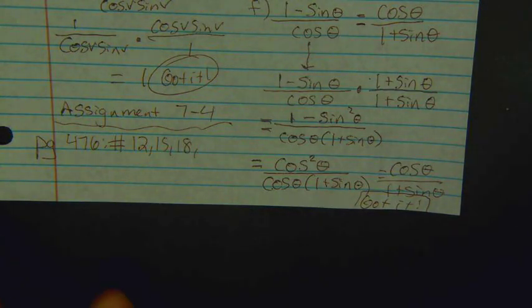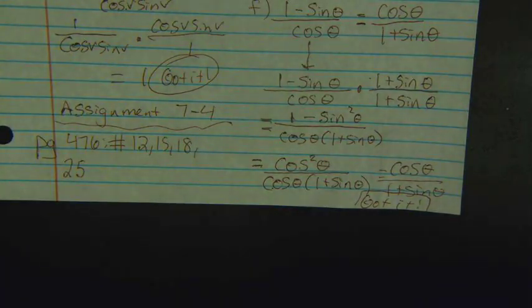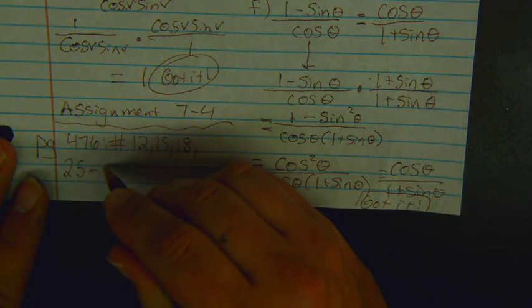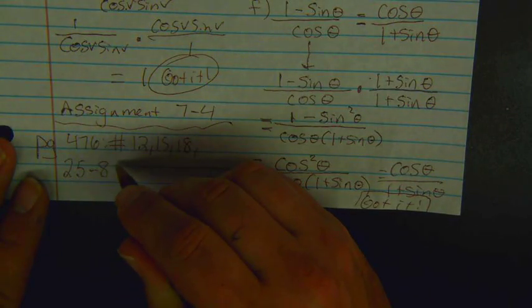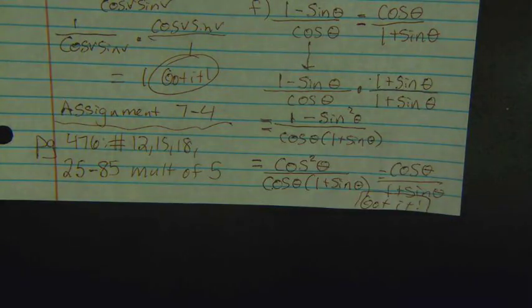On those particular ones, they're going to tell you exactly what they want you to do. And then starting at number 25, it just says establish an identity like our notes did. So you're going to do 25 through, I believe it's 85, multiples of 5. Okay, multiples of 5.